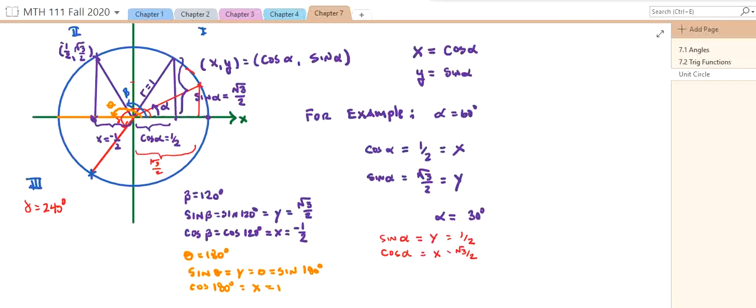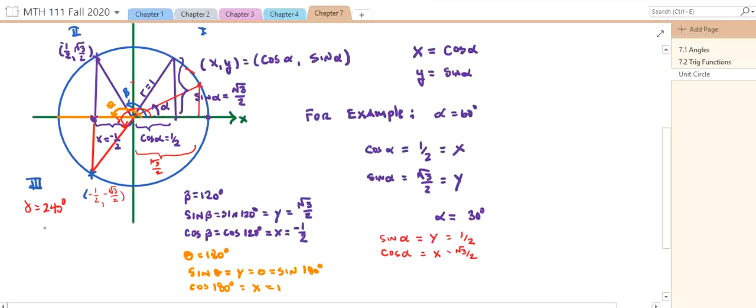Notice now that both the x and the y value are negative. So this is minus 1/2 still. I guess I'll do it in red. Minus 1/2 for an x value, and the y value is minus square root of 3 over 2.